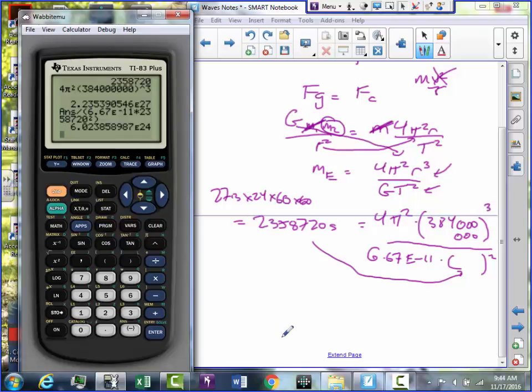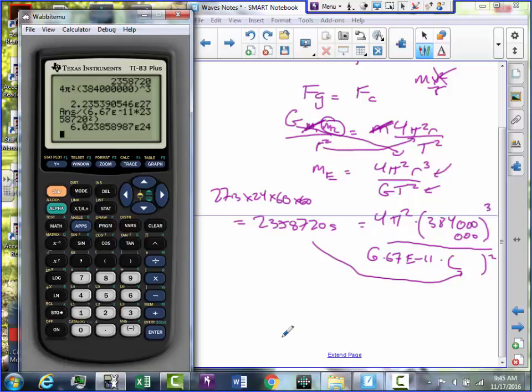Okay. That's not the value that we have on our data sheet, but it's kind of in the ballpark, right? Isn't the one on the data sheet 5.97 times 10 to the 24? This is 6.02 times 10 to the 24. It's not bad. It's close. Why is it off? Why is that slightly off from what we consider to be right?